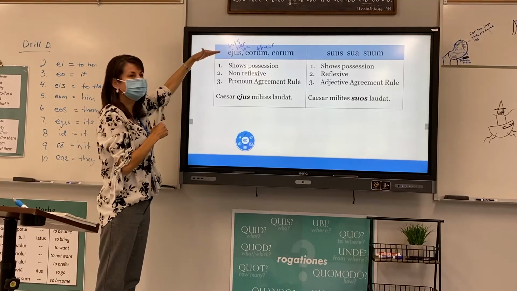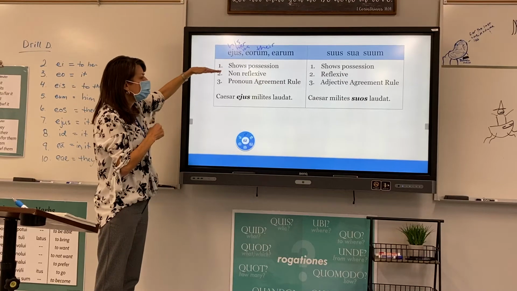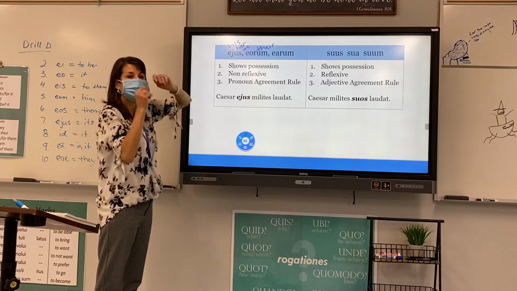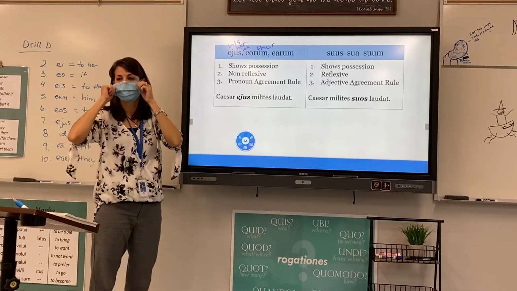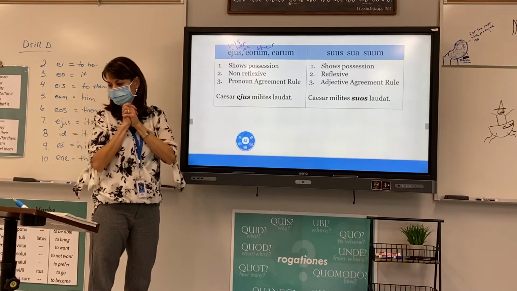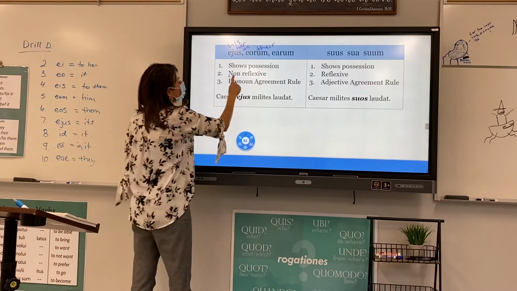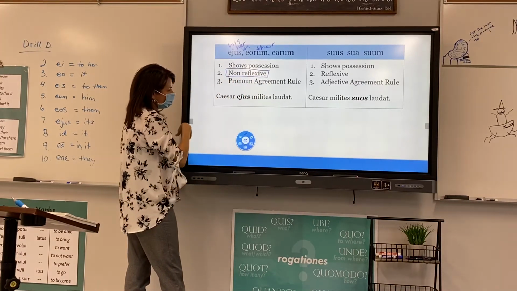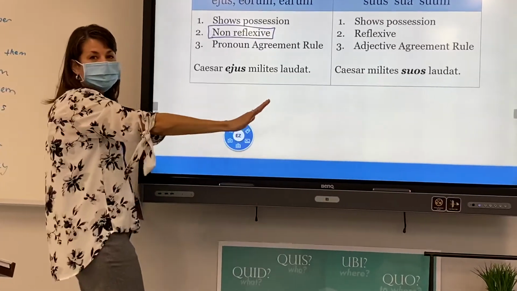It's third person, it shows possession. It is what they call non-reflexive. So you might want to write notes down somewhere in your workbook. This is the key: it is non-reflexive. I will tell you what reflexive is in just a second.